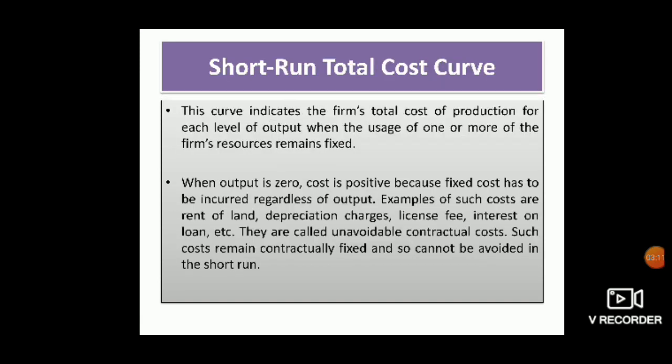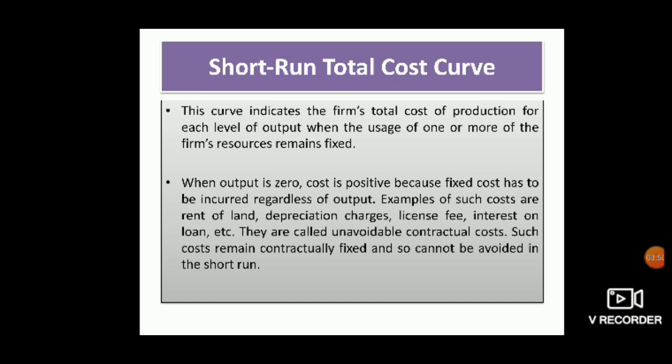Okay, so in this slide I am going to discuss the short run total cost curve. I will explain all the costs, like fixed and variable, and the related curves. Short run is a period of time in which output can be increased or decreased by changing only the amount of variable factors such as labor, raw material, etc. In the short run, quantities of fixed factors cannot be varied in accordance with a change in output.